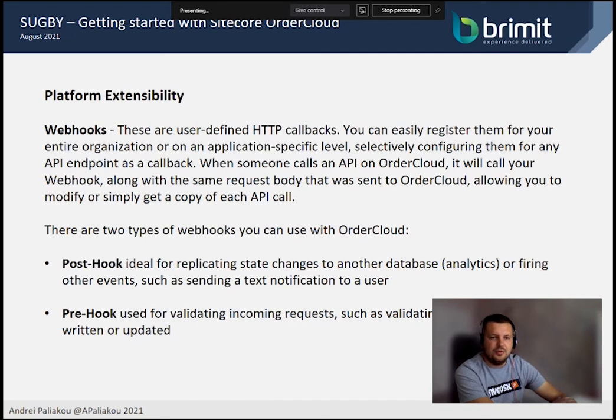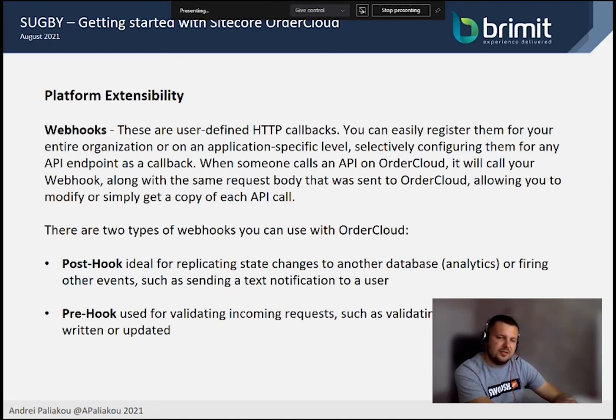The first is a post hook. Ideally, it can be used if we have to push our data somewhere, to another database or third-party client service, for example for orders. Once an order is completed, we have to push all this information somewhere, and we should use this post hook.